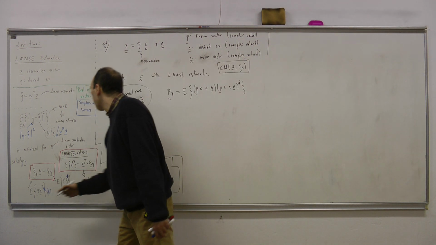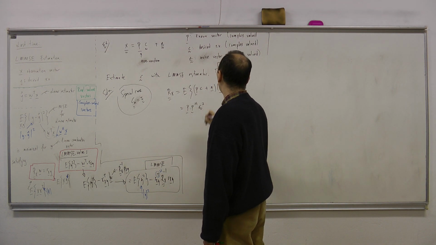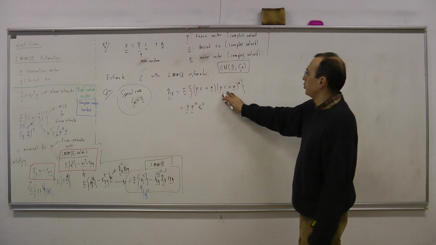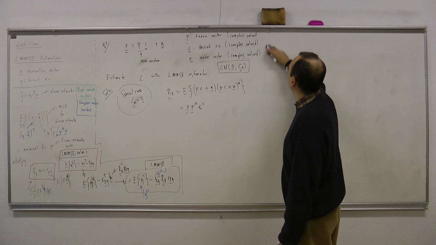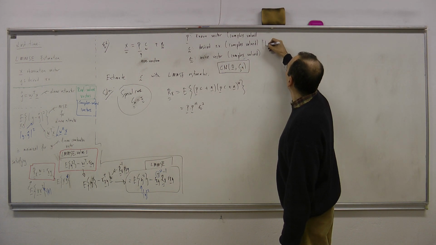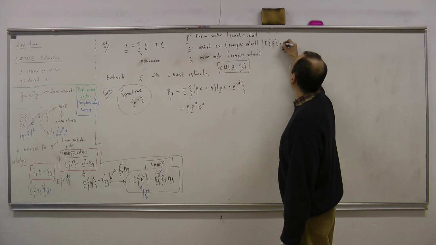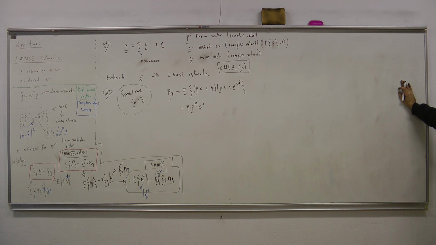So I have P times P Hermitian times sigma C square. That is the first term. There are cross terms, but cross terms are zero. Let's say C is also zero mean, so the expected value of C is equal to 0. I don't want to worry about means; as I have said, means are not so critical for our purposes. We can always add them later on, as we have discussed last time.